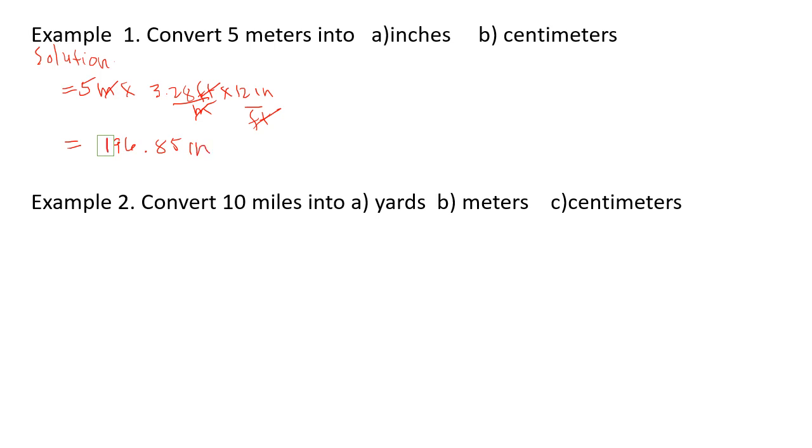For letter B, this one is letter A. For letter B, 5 meters into centimeters. So you have 5 meters equals 5 meters times 100 centimeter per meter.